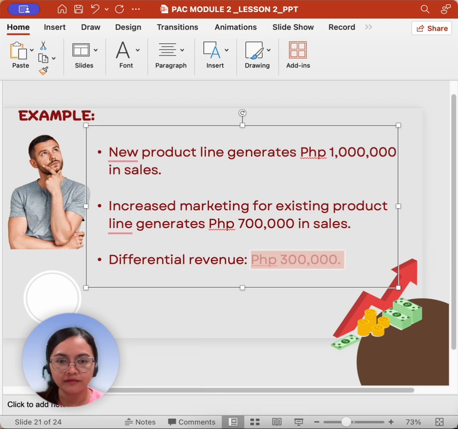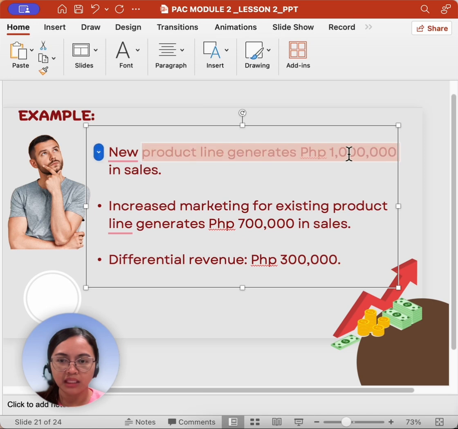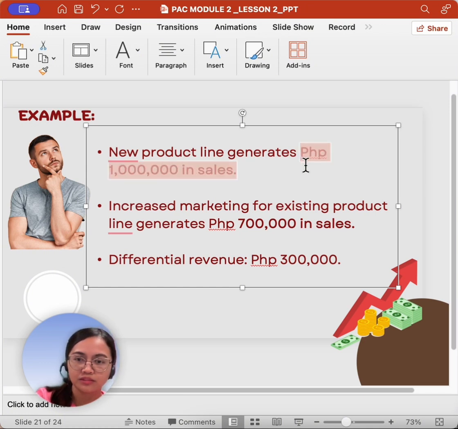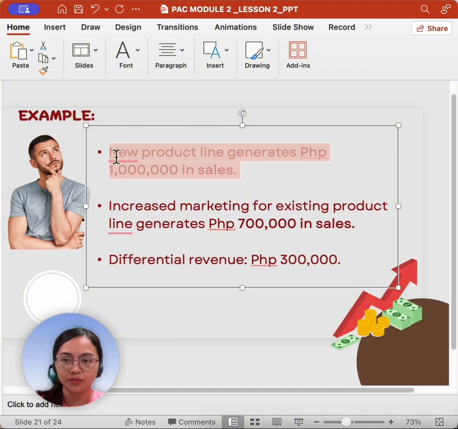Now, however, if the new product incurs higher cost, it is essential to compare profitability, not just the revenue. So you should watch out if it is only about sales, because you need to watch your cost. If your cost is greater compared to your sales, then don't produce the new product line.